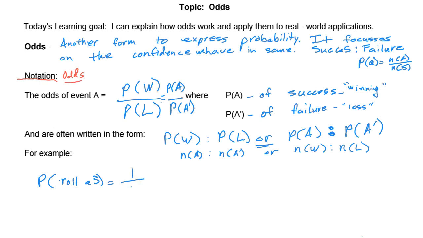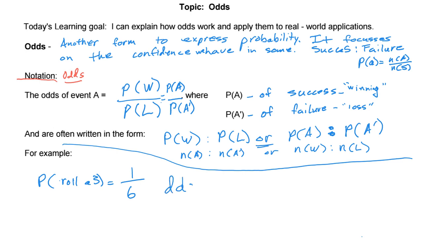Well, we did the calculations for that, and that turned out to be 1/6. Now, the odds in favor are, well, it's always wins to loss ratio, right? So that means this is going to be 1 to, if there were 6 possibilities, that means there are 5 losses. So you would say the odds in favor is a win to loss ratio, which is, in this case, for what we're looking for, 1 to 5.